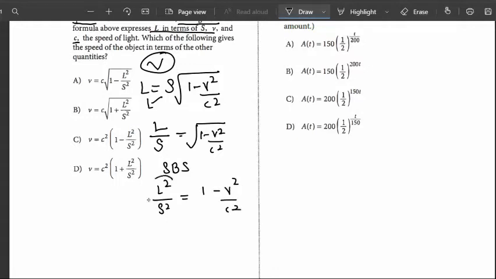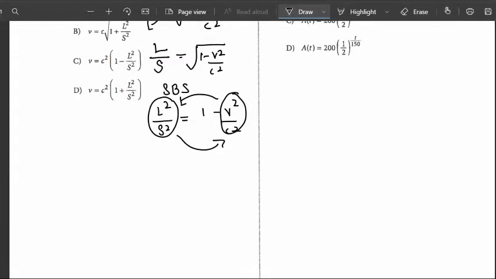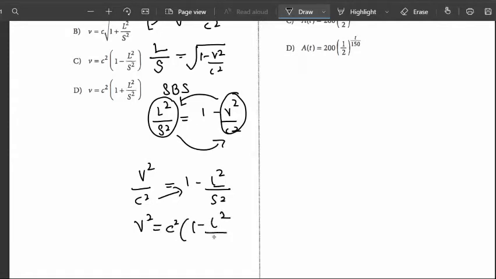Okay. So I'll take this side and this side, and accordingly change the signs. So v square by c square is equal to 1 minus l square by s square. I'll take c square up. So v square is equal to c square into (1 minus l square by s square).